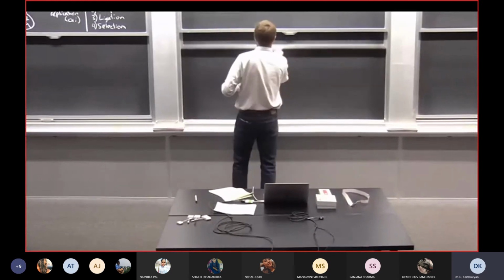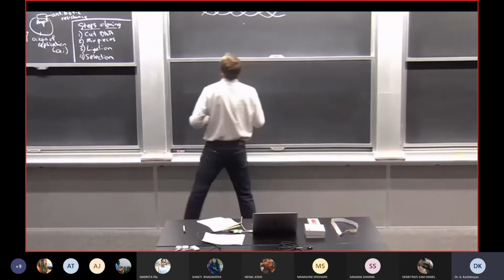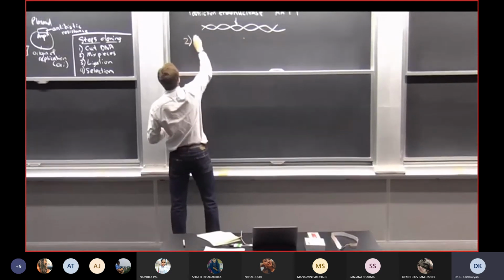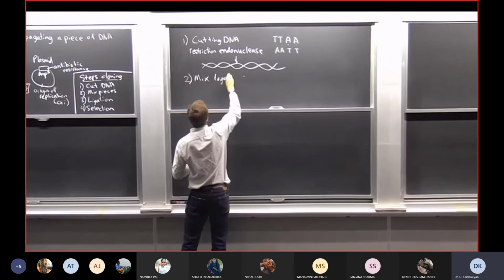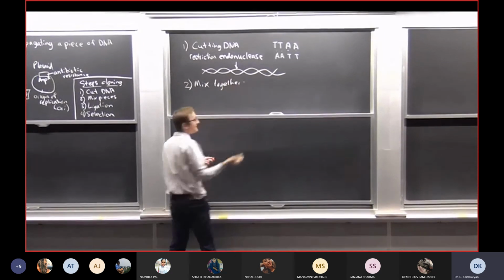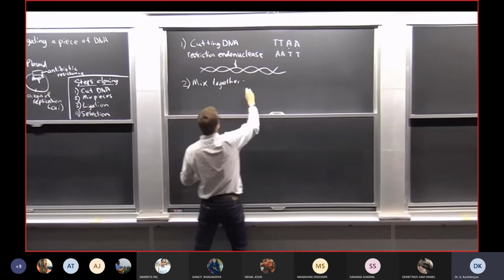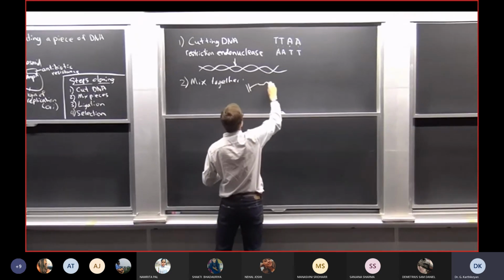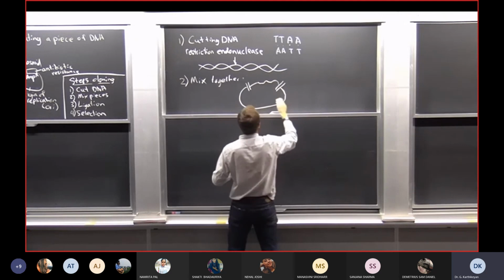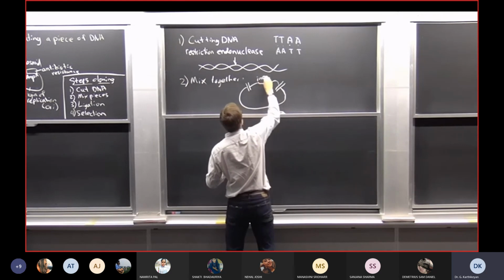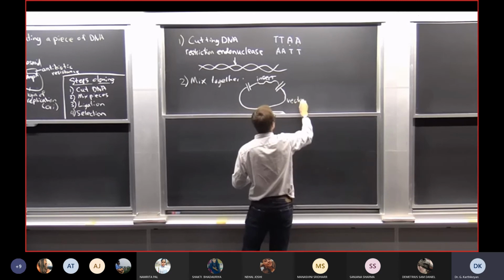So we focused on cutting, but if you mix these together, like I showed you with the tape, you're going to have sticky ends that come together and stick together, and you'll eventually get a situation where you have your insert. So you have your insert here that might have your gene of interest and your vector DNA here.